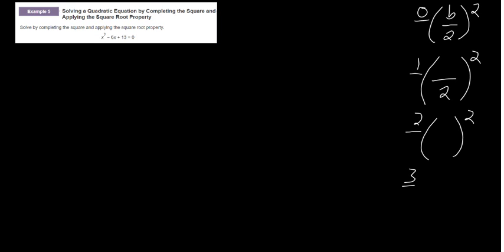So what we're going to do here is move the 13 to the other side. This is equal to a negative 13. And now we're going to proceed with the square root method. Negative 6 is my value of b. Negative 6 divided by 2 is negative 3.